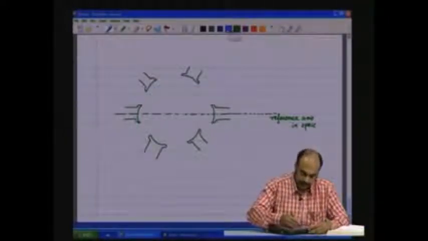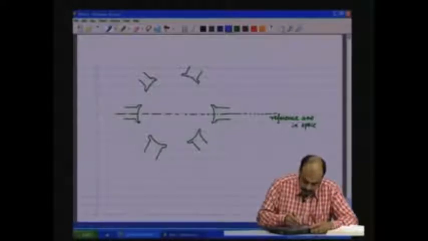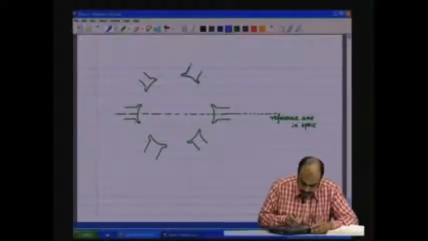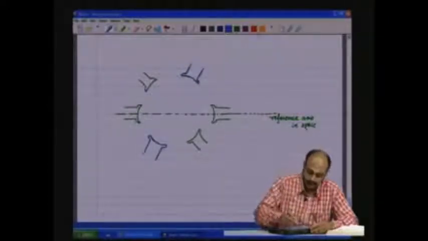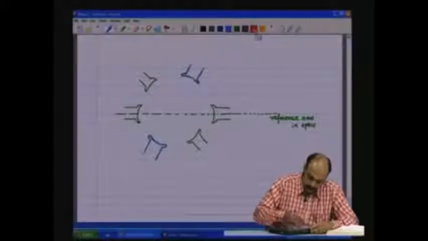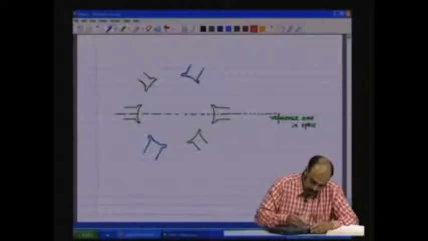So, we are going to say that these two are one pole set, this is one pole set and this is another pole set.